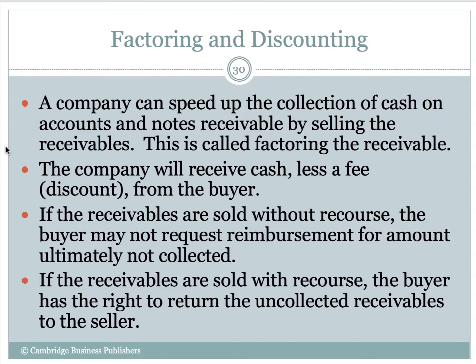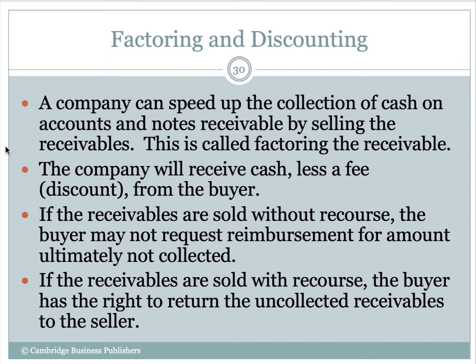So you sell me $500,000 worth of receivables, I give you $480,000, and let's say $50,000 of those are uncollectible. I can't collect them; you offered credit to deadbeats. Since I own the receivables, I'm entitled to those payments, and because it's without recourse, I can't come to you and say you still owe me 50 grand. You say, well, we sold without recourse, so tough.